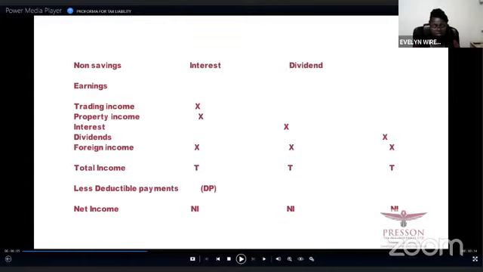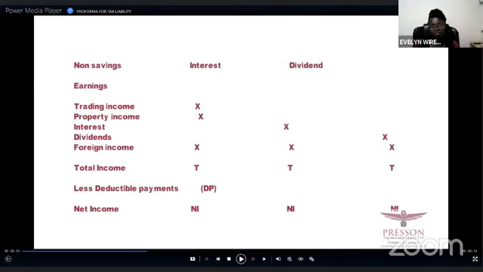Like I said, income from all sources is added together to give total income. So for the non-savings, you add all the income from the sources together to give you the total income. And then after we've done that, you can see that in the pro forma we have deductible payments. So certain expenses incurred by individuals can be deducted in order to arrive at taxable income.